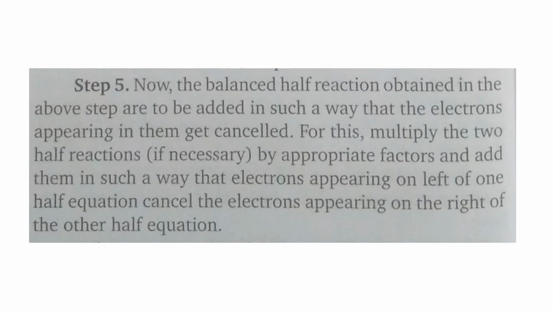For this, if necessary, multiply the two half reactions by appropriate factors and add them in such a way that the electrons appearing on the left of one half reaction cancel the electrons appearing on the right of the other half reaction. So these are the steps involved in balancing a redox reaction by the ion electron method.